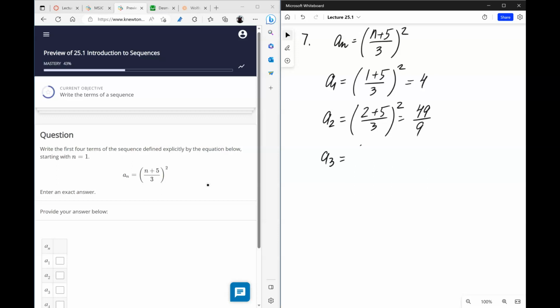When n equals 3, we plug in 3. When n equals 4, we plug in 4. And that should be it.